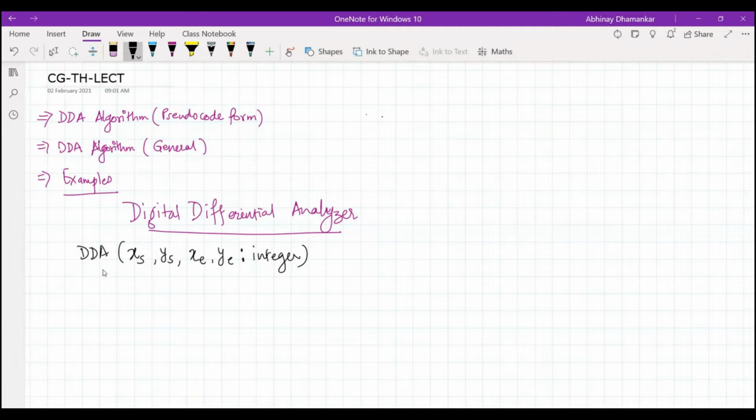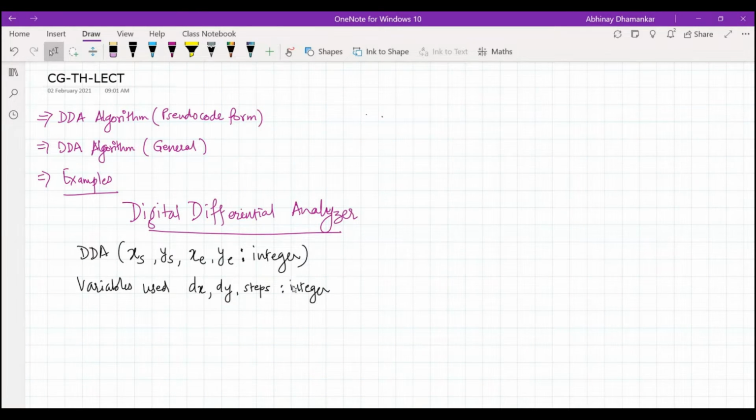Here some variables need to be used. Let's say dx, dy, and one more called steps, which are of type integer.